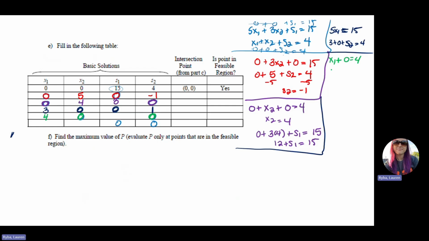And then if I plug that back in the top one, 5 times 4 plus 0 plus s1 equals 15. So 20 plus s1 equals 15. If I solve for s1, subtract 20, s1 is -5.